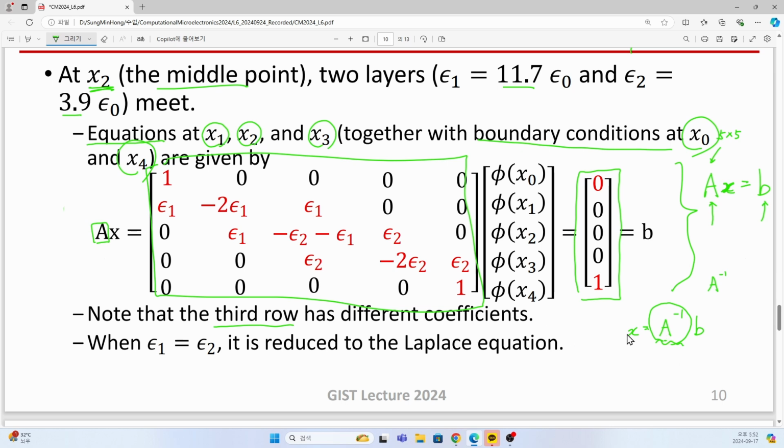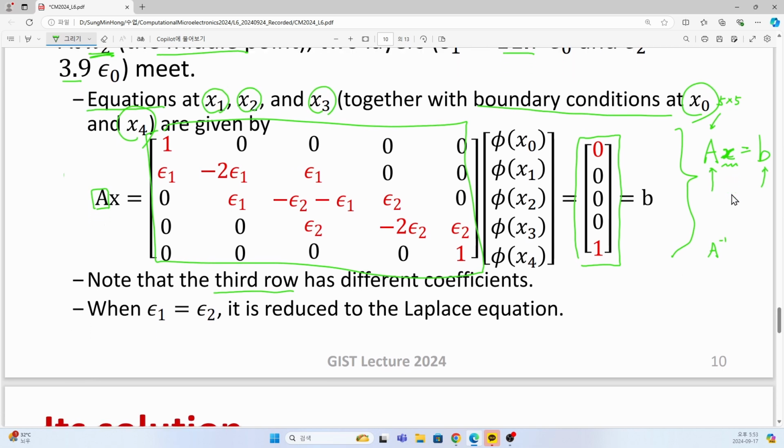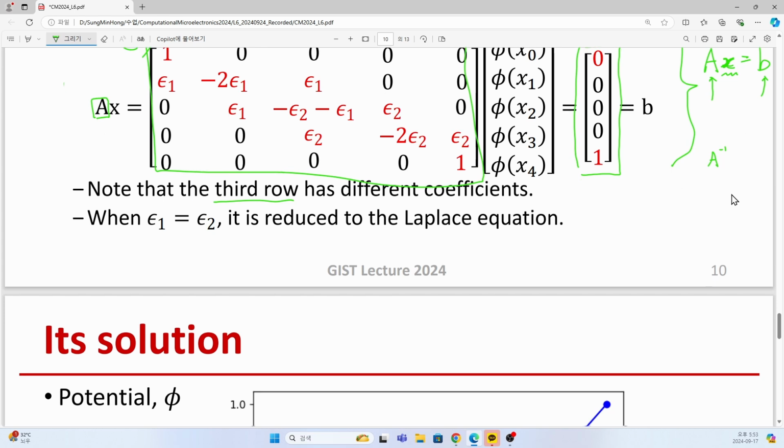So instead, our specialized numerical solvers calculate the unknown vector x without fully calculating the entire inverse of A. But that is just a matter of numerical calculation, so we will not dive into that topic too much.